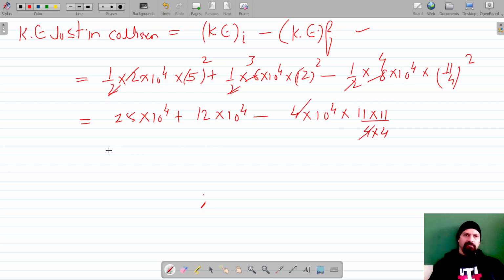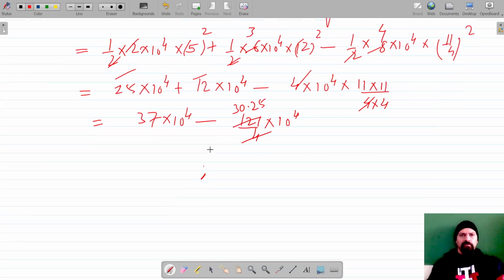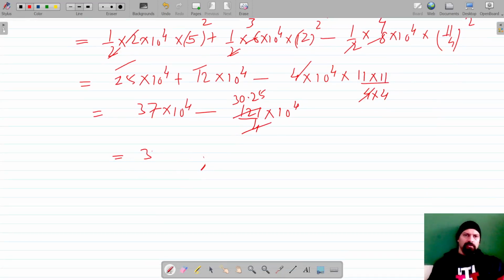So this gets cancelled, and finally we have 12 plus 25 is 37 × 10^4 minus 121 divided by 4 × 10^4. And 121 divided by 4 gives me 30.25.